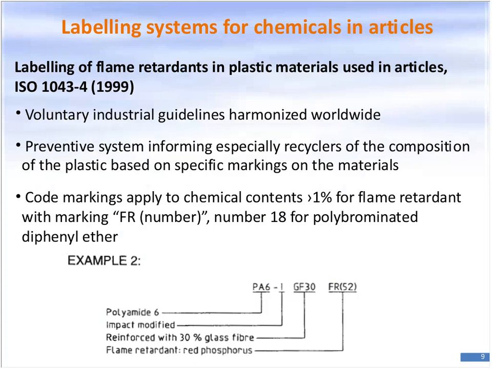Then for articles and chemicals, as I said, the Globally Harmonized System is about labeling and information along the supply chain of chemicals and mixtures. Articles, which are computers and printers and cars and so on, don't fall under the Globally Harmonized System for classification and labeling.